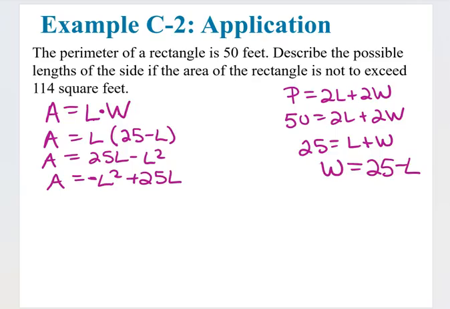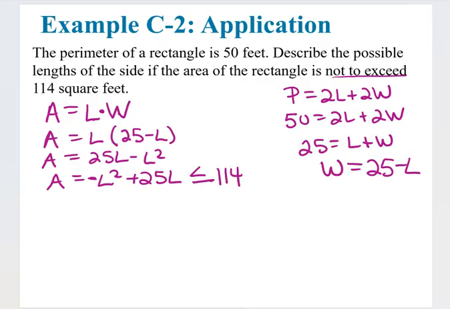And we need to find when that area function, it says it's not to exceed 114 square feet. So that means I want the area not to exceed, so it has to be smaller than or equal to 114, it can be equal to 114, but it can't exceed it.